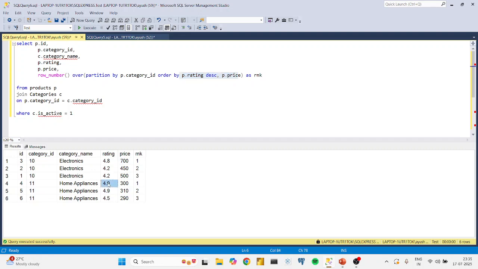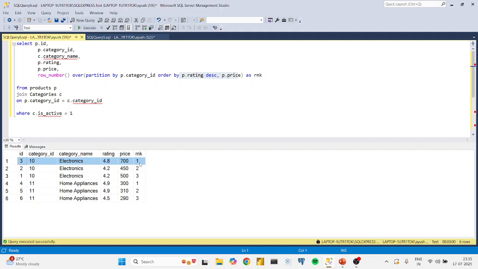So among these we have received this 300 as the lowest price. This is lower than 310. So we wanted this row first, that's why we ordered it here. This is row 1 for category id 11, and this is row 1 for category id 10.